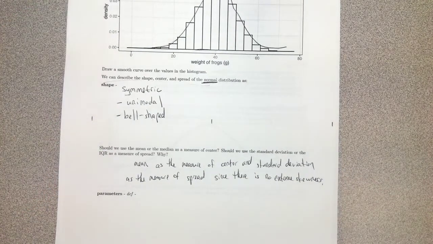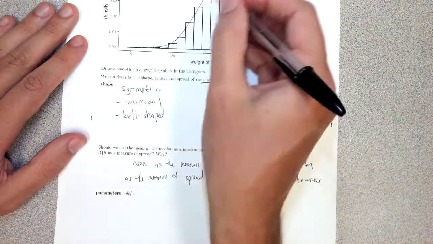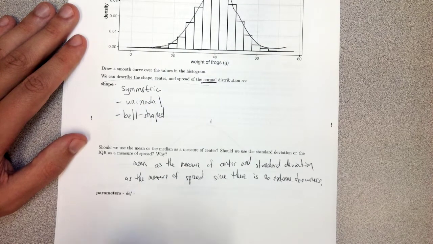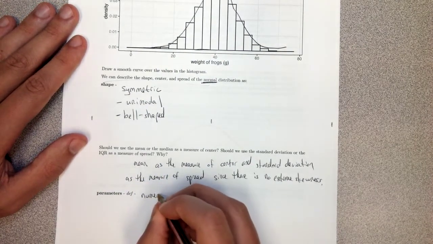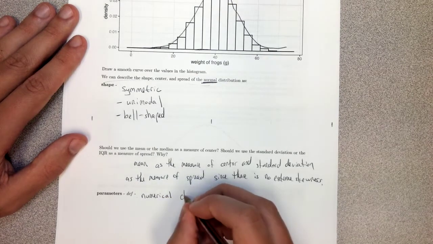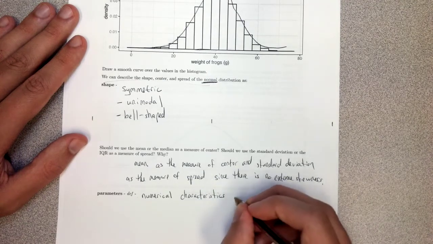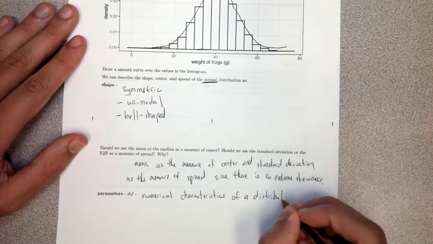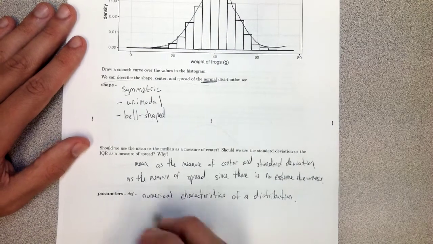All right, and so this normal distribution we can describe just by using two different numbers, and we're going to call those numbers parameters. Parameters are, as it sounds, a more complicated thing than it is; they're just numerical characteristics of a distribution. We're only talking about the normal distribution in this class.